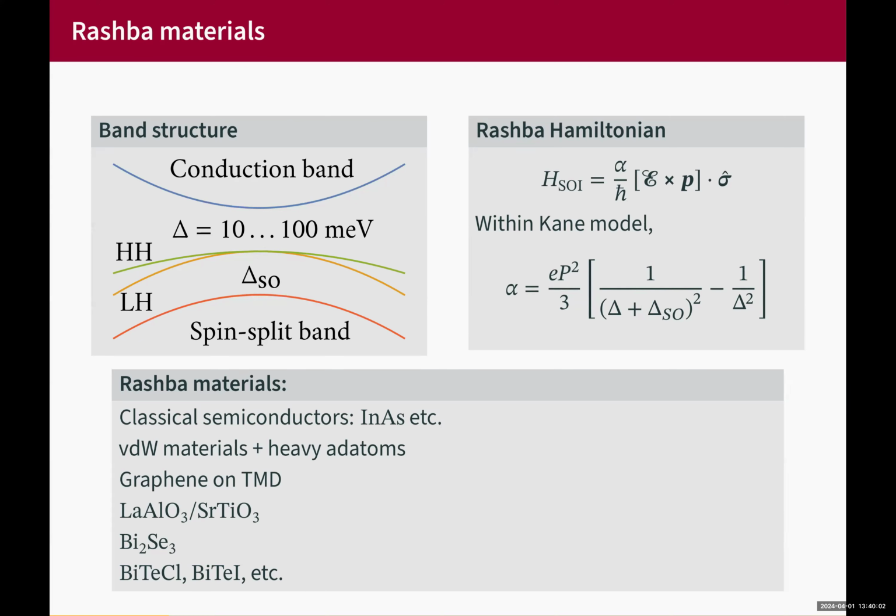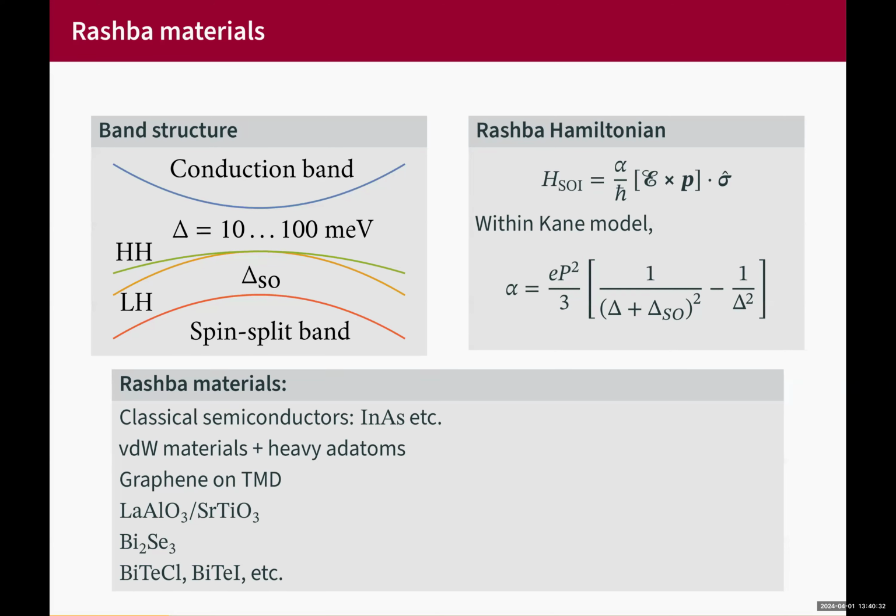This constant has the dimension of electron charge times the square of some length, electron times angstrom square. So in vacuum, this scale is the Compton wavelength. So this is the relativistically small interaction. But here in the semiconductor world, the characteristic scale is dozens of angstroms. So it's orders of magnitude larger than in vacuum.